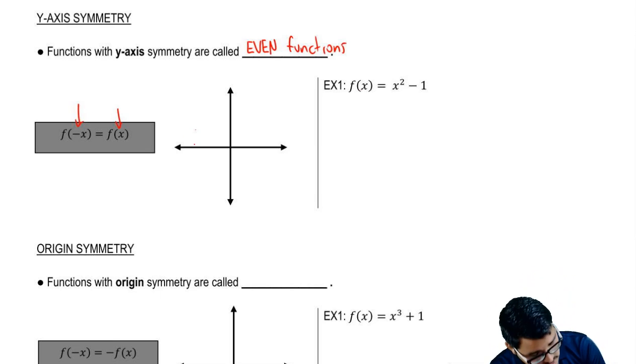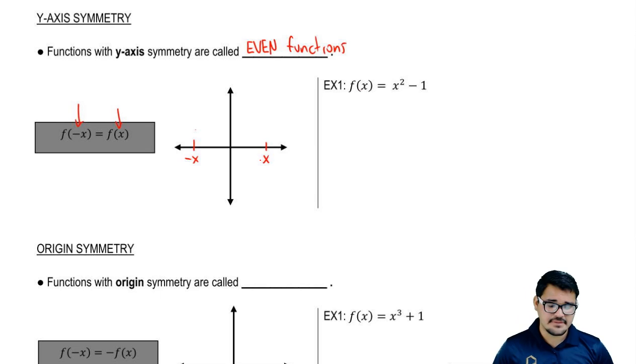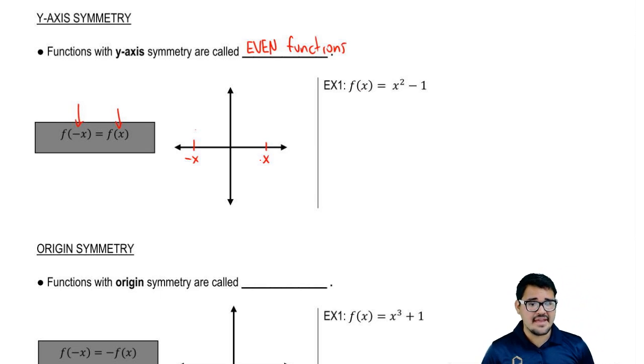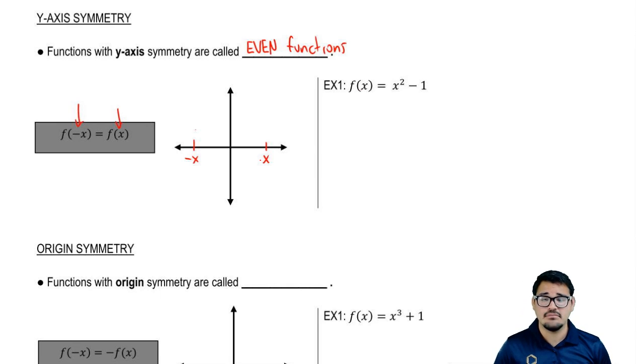Let's draw it out. So we have a negative x and we have an x, right? So looking at that, let's just say that they have a y value that is exactly the same. Okay, their f of x's are the same, so we're talking about their y values. So we're going to start here at x, and it's going to have a y value which we're going to call f of x, right?